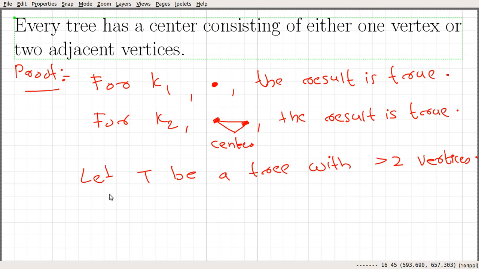Let me write down what I said. Since T is a tree and the number of vertices is greater than or equal to 2, T has at least two pendant vertices.